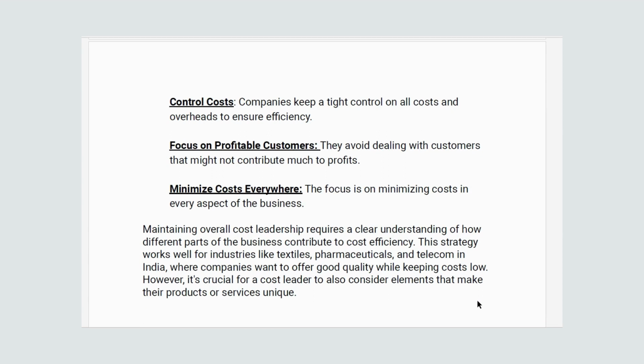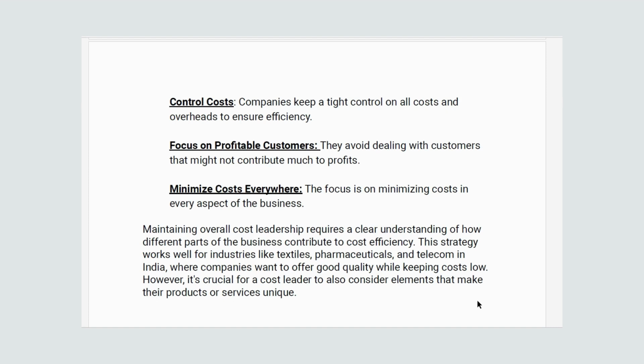Companies should avoid dealing with those customers who might not contribute much to profits. Okay, and then they can minimize the cost everywhere. Focus is on minimizing cost in every aspect of the business. So maintaining this overall cost leadership requires a clear understanding of how different parts of the business contribute to cost efficiency.